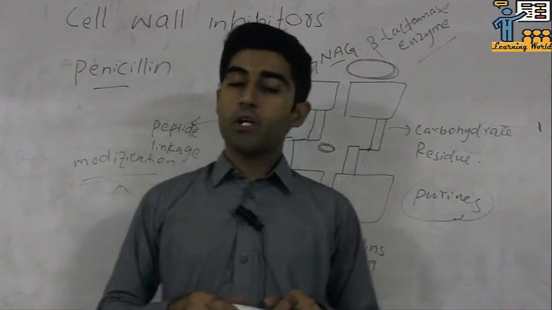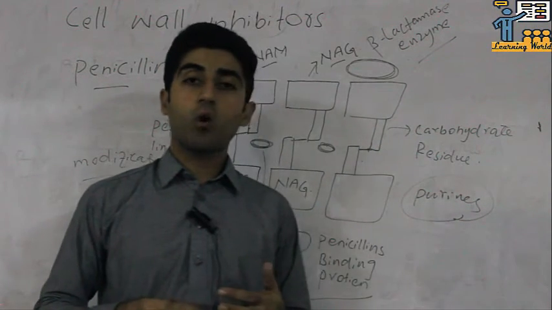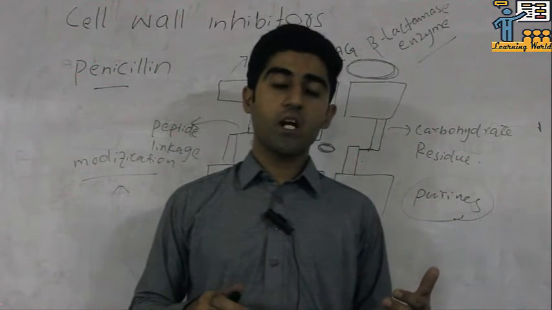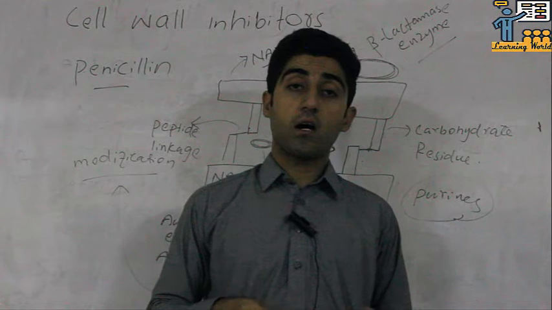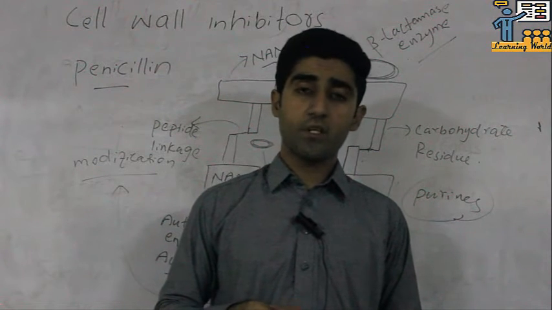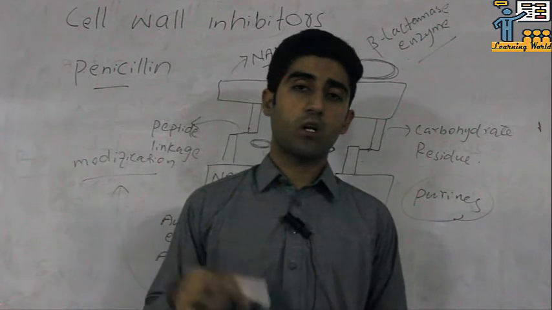The penicillins are effective against gram-negative bacteria and gram-positive bacteria. Mostly they are effective against gram-positive bacteria, because in gram-positive bacteria only a single peptide layer is present, and in gram-negative bacteria two layers are present, outer layer and inner layer.